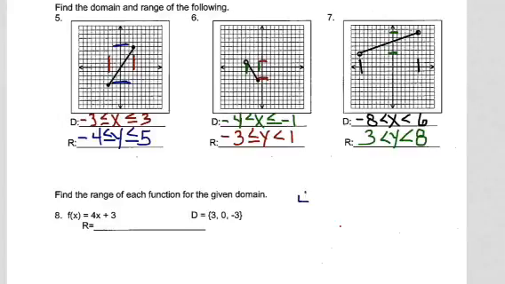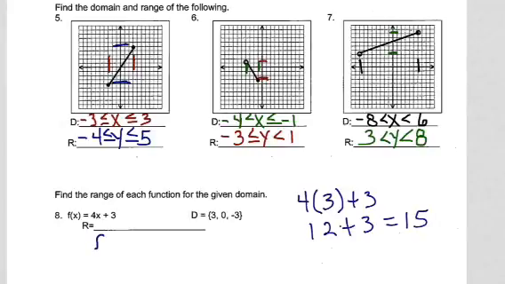So to begin with, we have 4 times 3 plus 3. That's 12 plus 3, which equals 15. So on our range, our first number is 15.